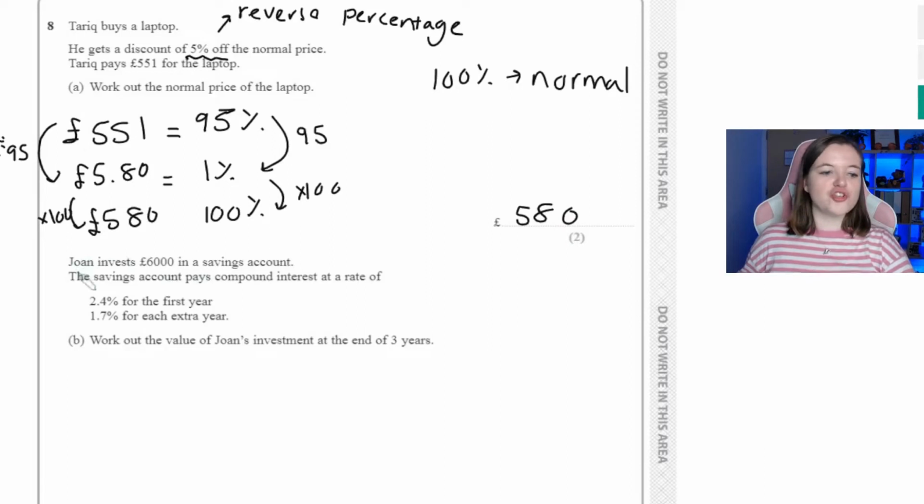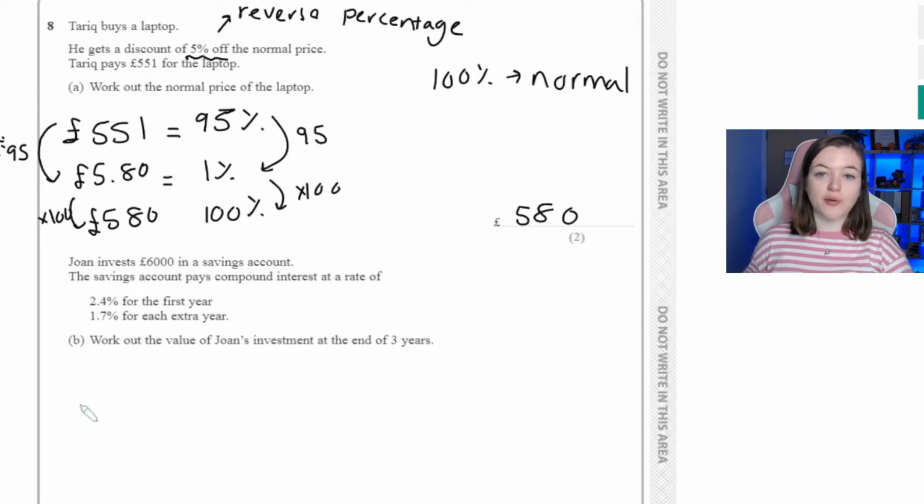And then Joan invests £6,000 in a savings account. The savings account pays a compound interest at a rate of 2.4% for the first year, then 1.7% for each extra year. Work out the value of Joan's investment at the end of the 3 years. Right, so compound interest, always the same equation.